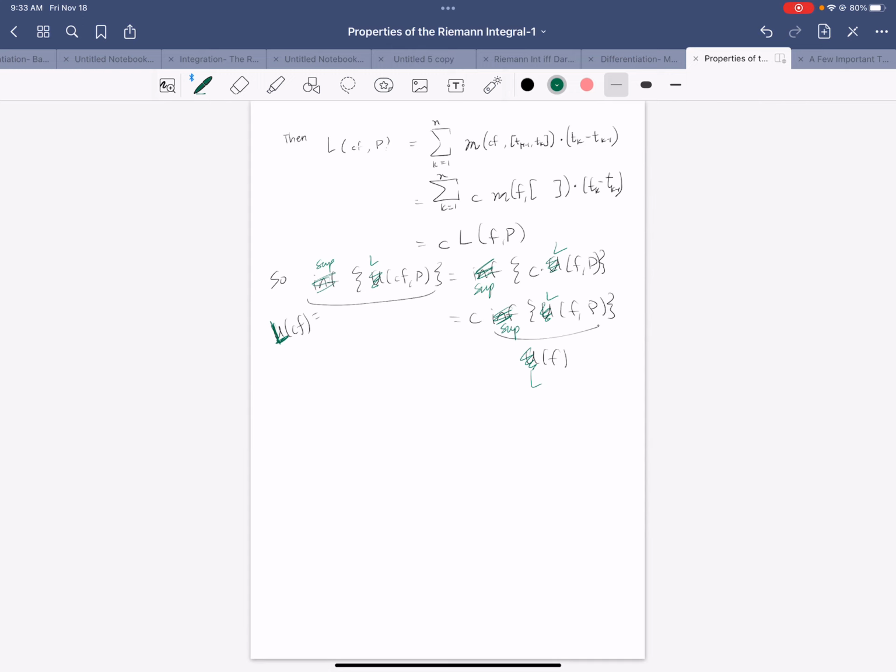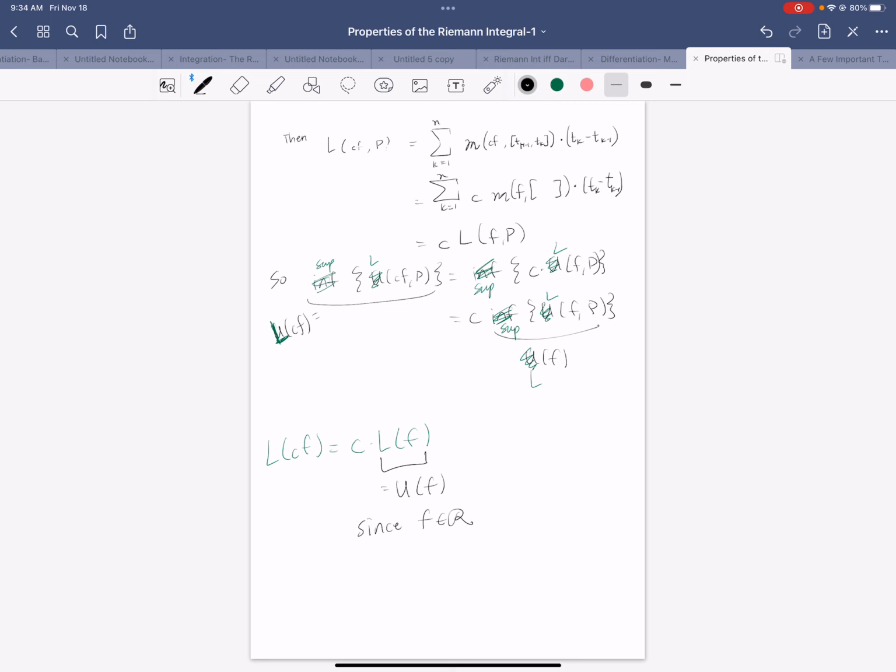So we have that the lower integral of CF is C times the lower integral of F, but the lower integral of F is the same as the upper integral of F since F is Riemann integrable. That means that the lower integral and the upper integral are equal.